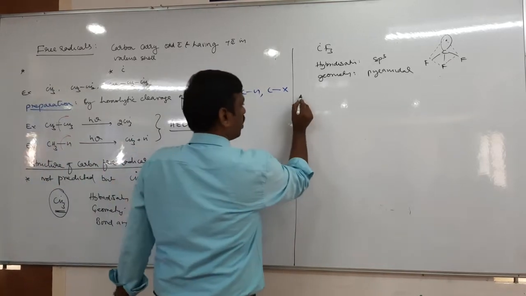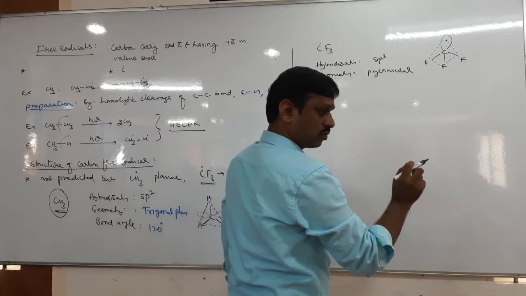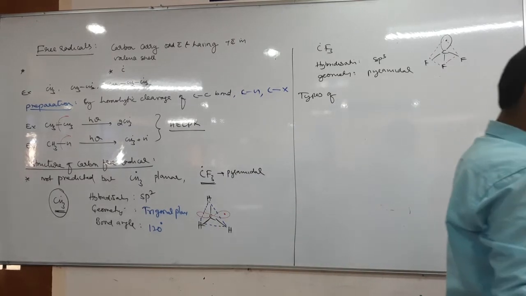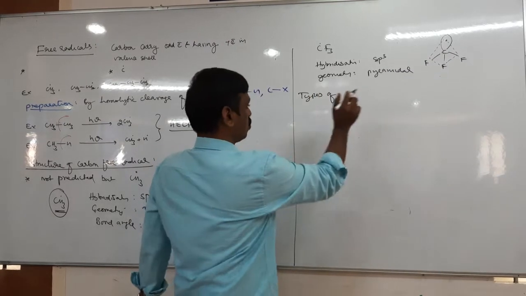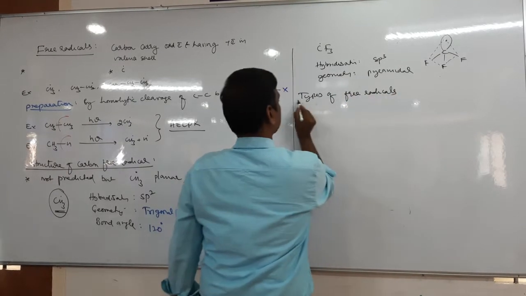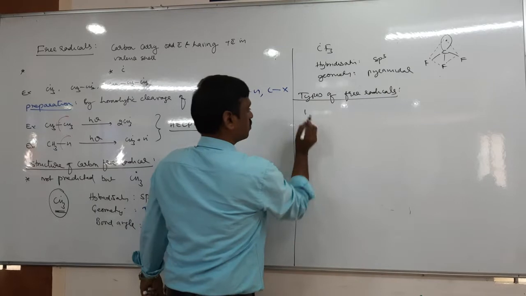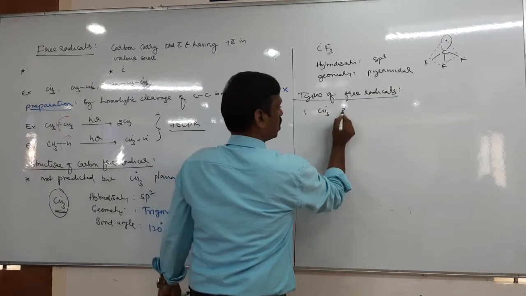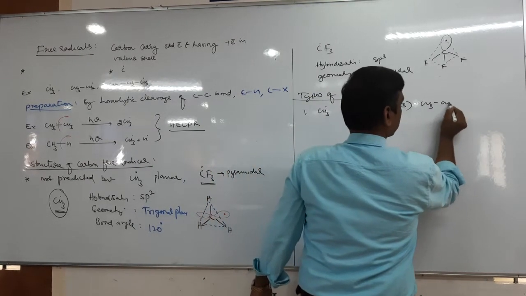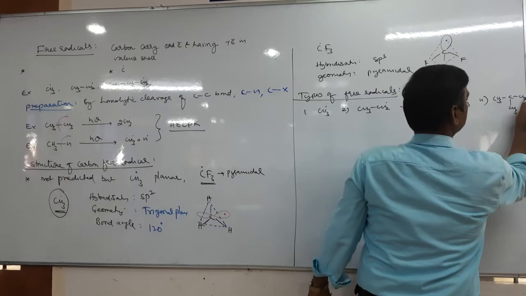Next is the types of free radicals. So what are the types of free radicals? 1, methyl, 2, primary, 3, secondary, 4, tertiary.